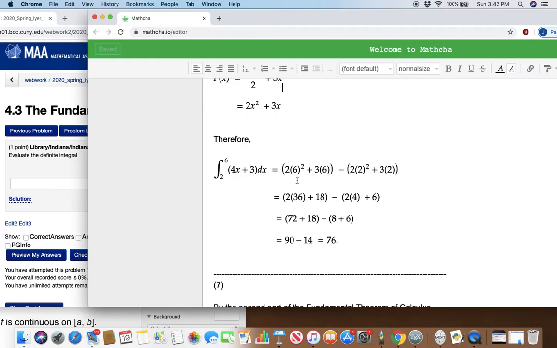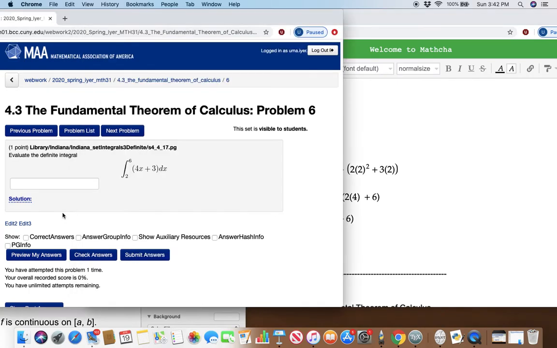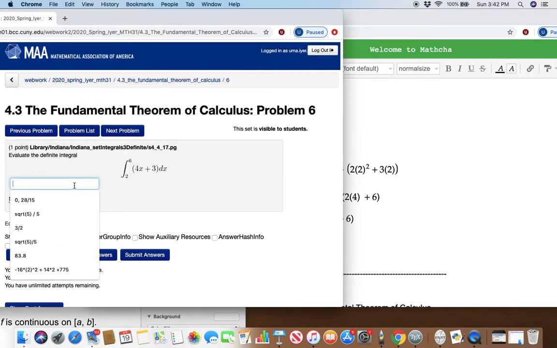So 6 squared is 36, 2 times 36 is 72. 3 times 6 is 18. 72 plus 18 is 90. 2 squared is 4. 2 times 4 is 8. 3 times 2 is 6. 8 plus 6 is 14. 90 minus 14 is 76.